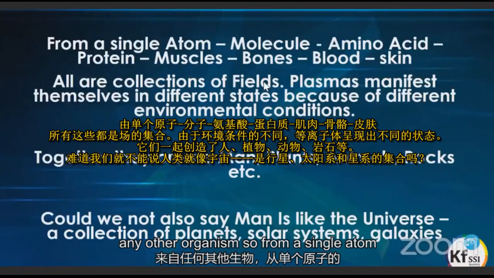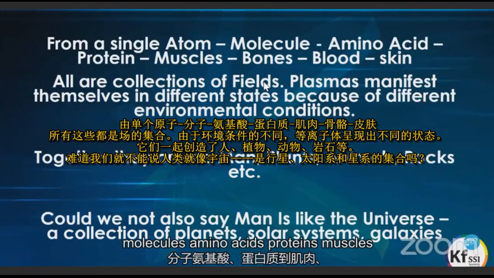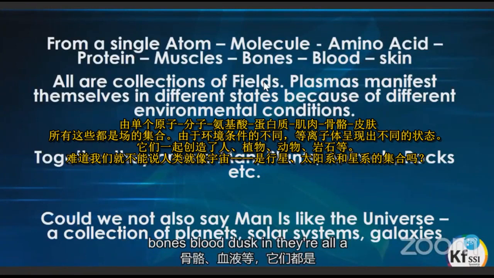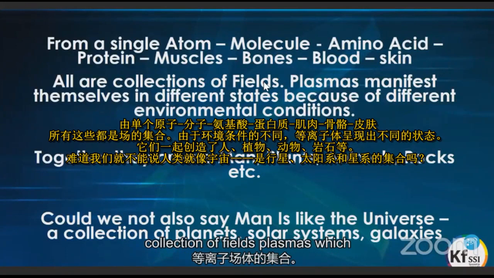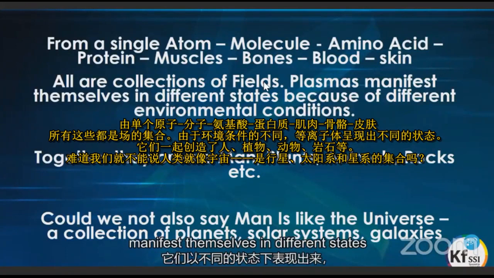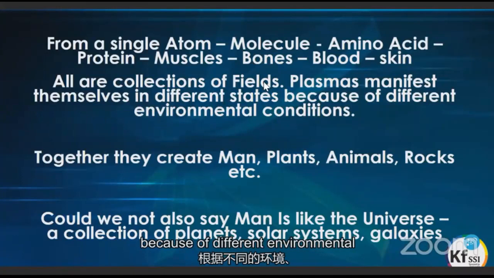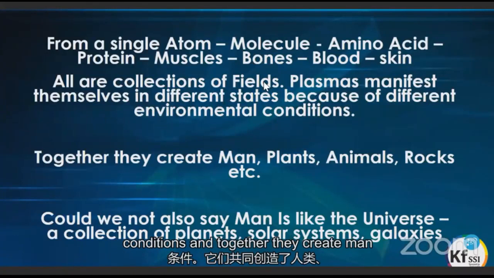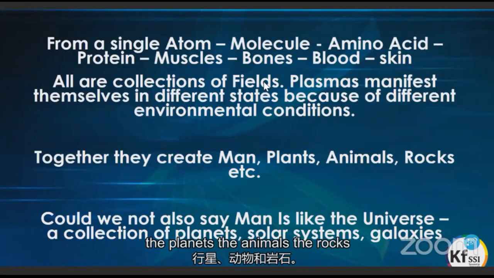So from a single atom, we get molecules, amino acids, proteins, muscles, bones, our blood, our skin. They're all a collection of fields, plasmas which manifest themselves in different states because of different environmental conditions. And together they create man, the planet, the animals, the rocks, whether it's our sun, the solar system, our galaxy or universe.